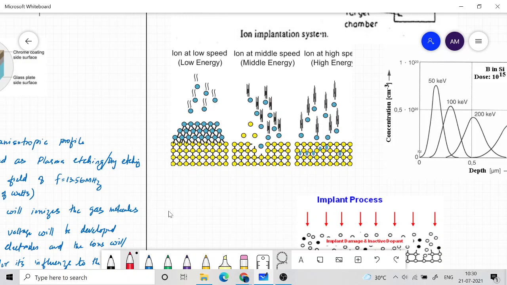If it is a p diffusion mask, after patterning the photoresist with the p diffusion mask, we do the ion implantation to create the p diffusion region in the substrate. If it is an n diffusion mask, we do it with the n type impurity. But if it is removal or patterning of the metal or polysilicon, we do reactive ion etching.